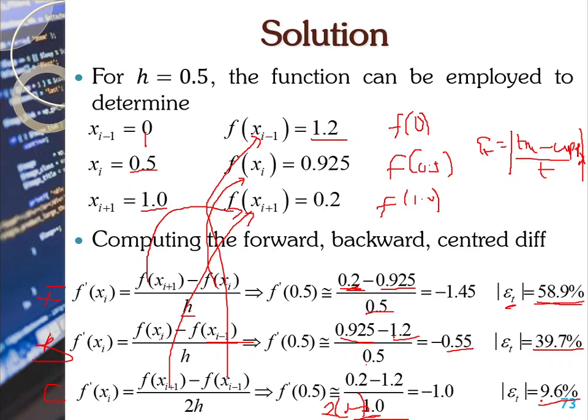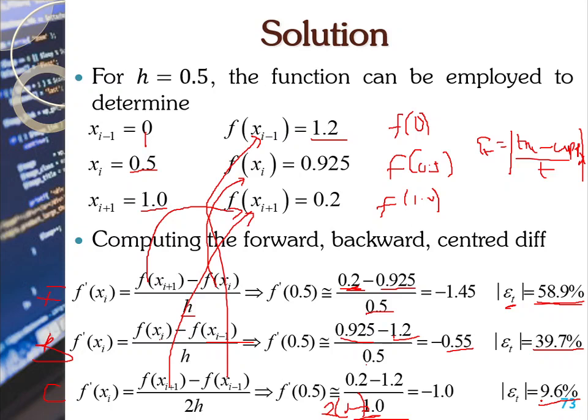Also, we made an assertion that once you halve the step size, the error is reduced by half in the case of the forward and the backwards differencing. However, when you halve the same step size in the case of the centered differencing, you are going to reduce the error by about 4 times.